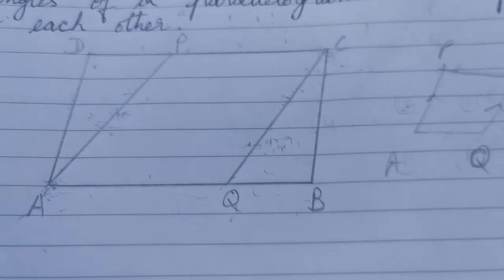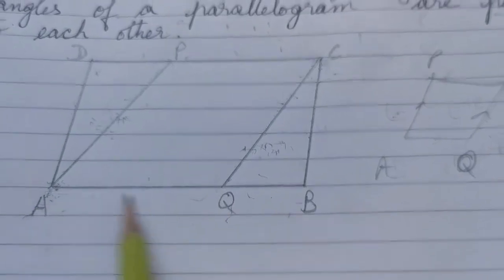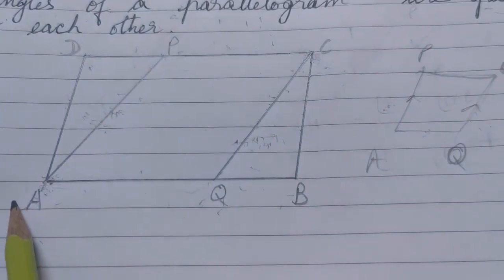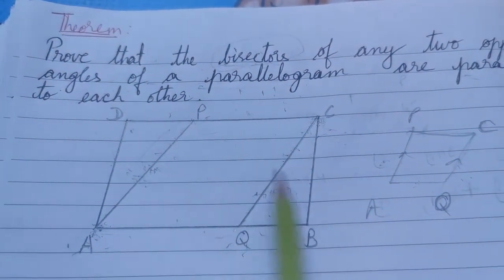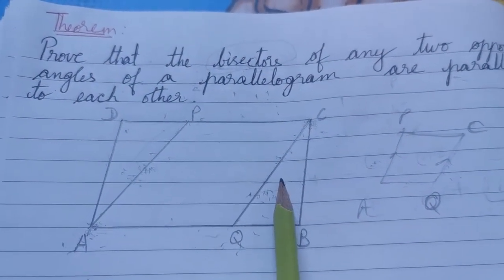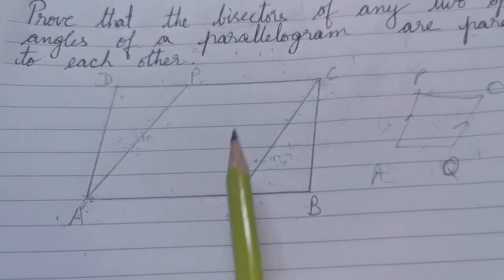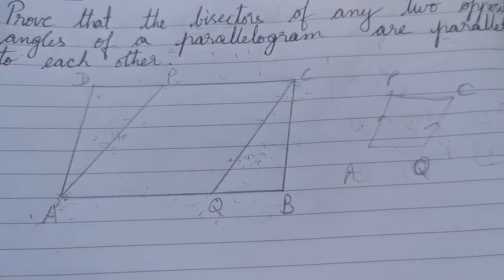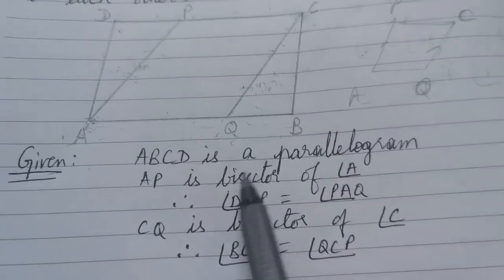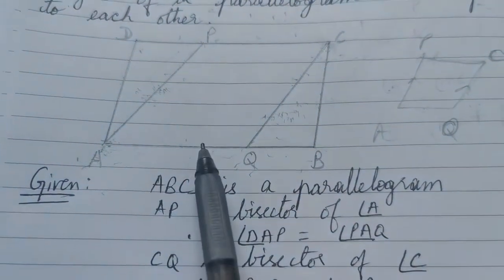So my aim now is to prove that AQCP is a parallelogram, which will in turn tell that AP and CQ are parallel to each other. So let me now write down what is given in the statement and the things we have to prove. Here ABCD is a parallelogram, which is given.